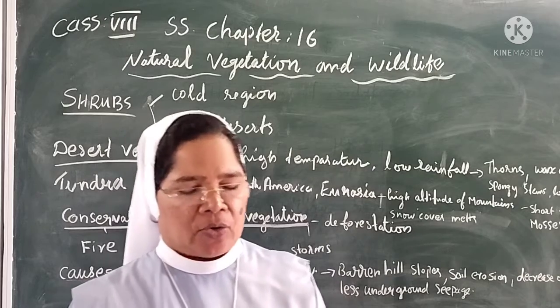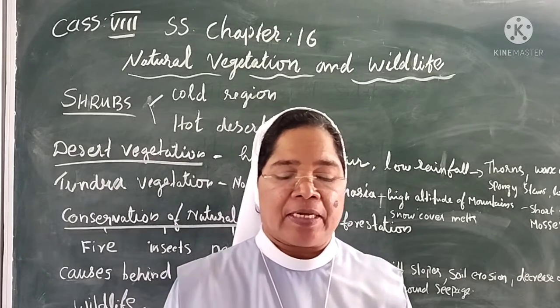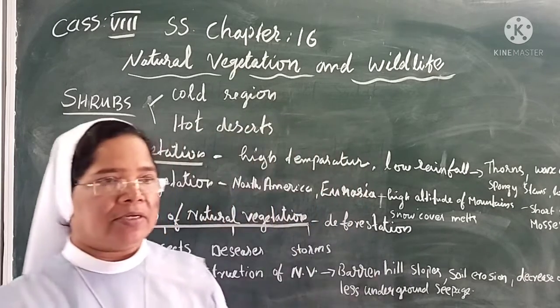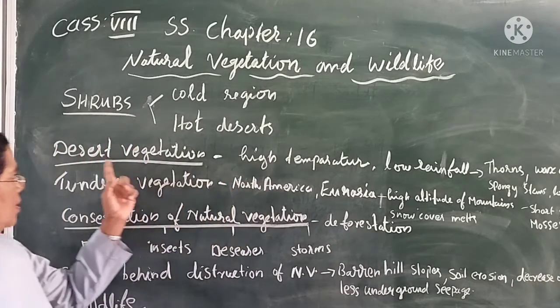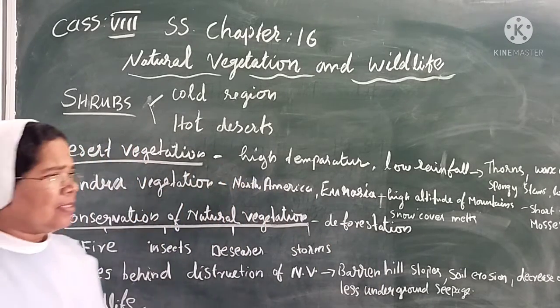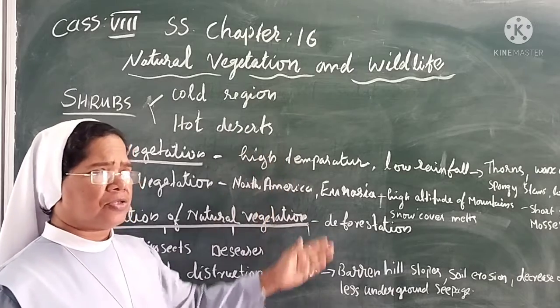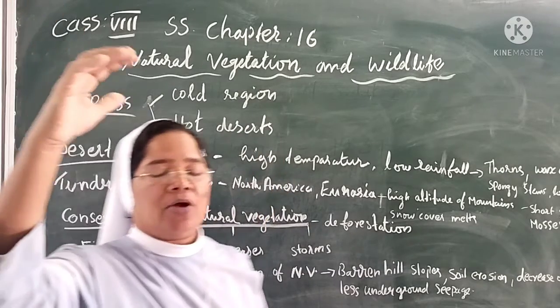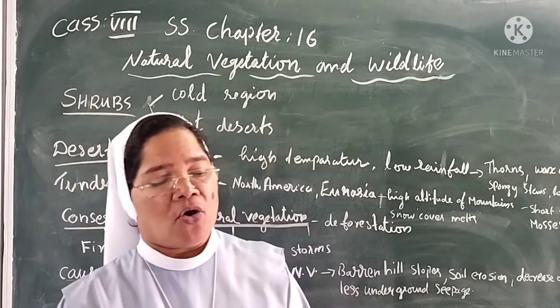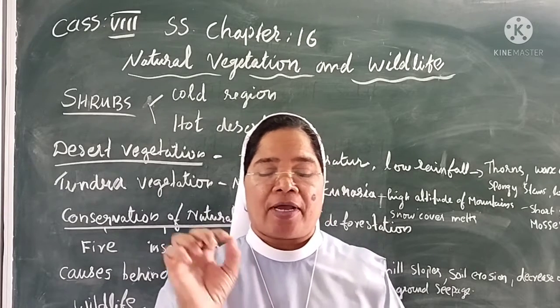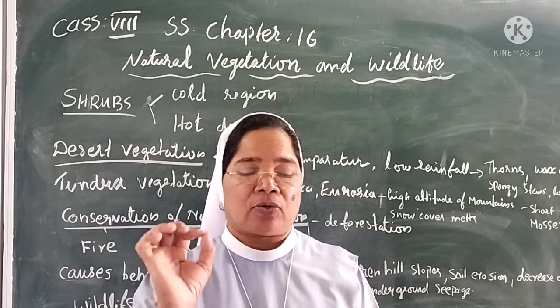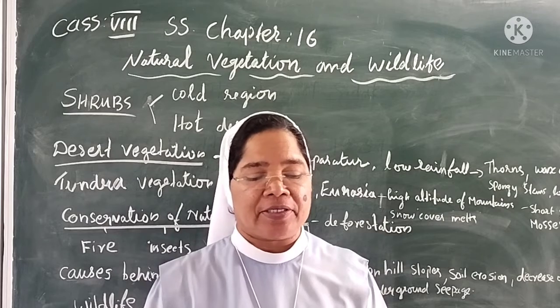Now let us study the desert vegetation. What is desert vegetation? Desert vegetation is found in very high temperature. Hot and dry deserts are found in the western part of the tropical and subtropical regions.